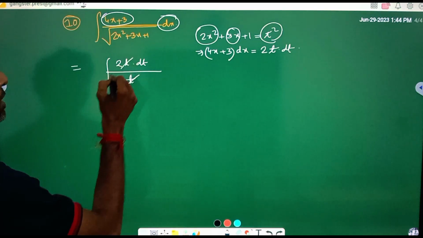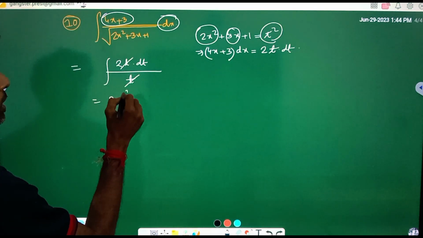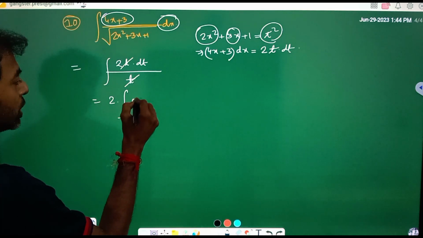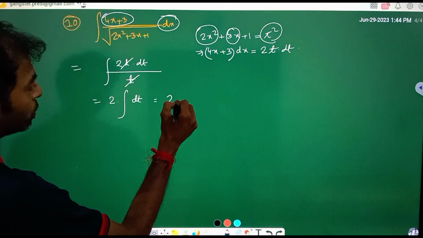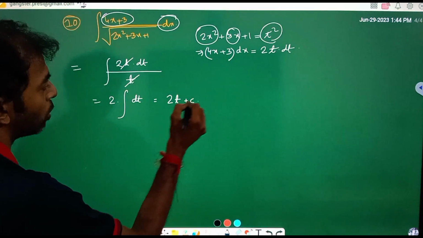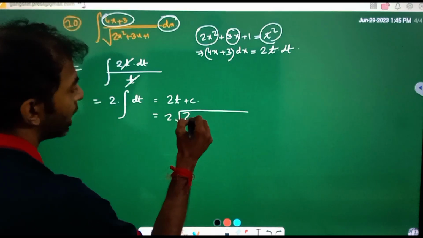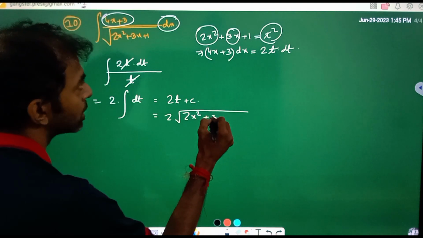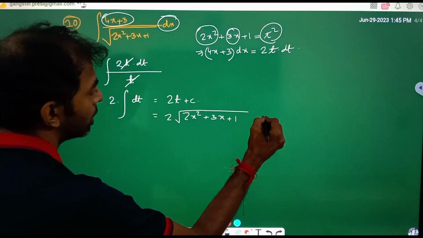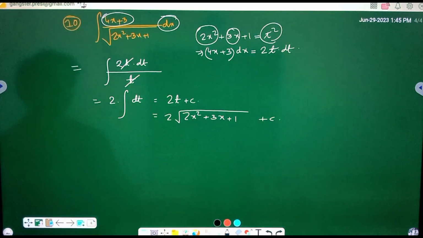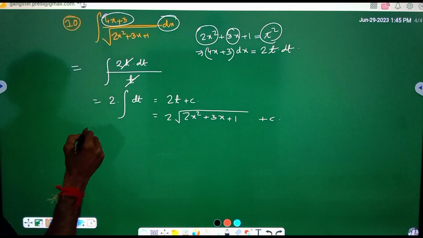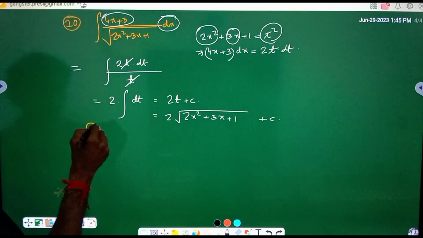So t cancels, and the result will be 2 integration dt, which is 2t plus c. Now the value of t is root under 2x square plus 3x plus 1 plus c, where c is the integral constant. That's our 10th problem. Now we are moving on to the 11th problem.